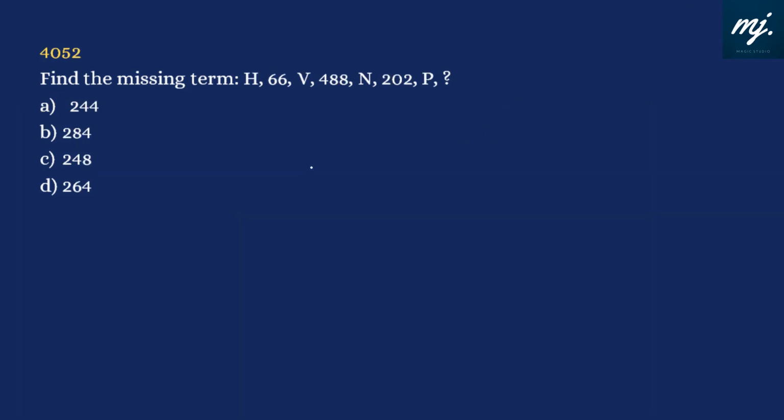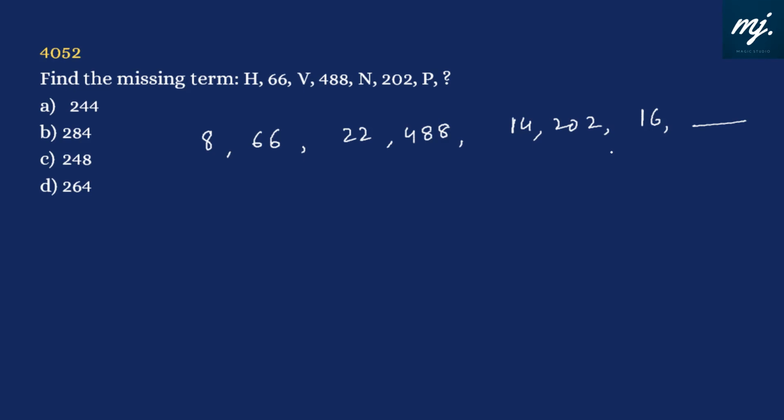One more, the missing term, of the same type that we did just now. H is the 8th one, 866. Then we have V, 22nd, 488. N is 14th, 202. Then is P, the 16th.